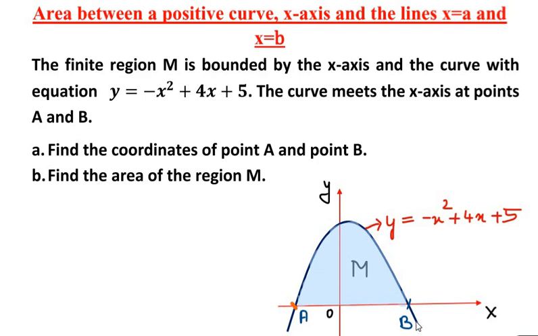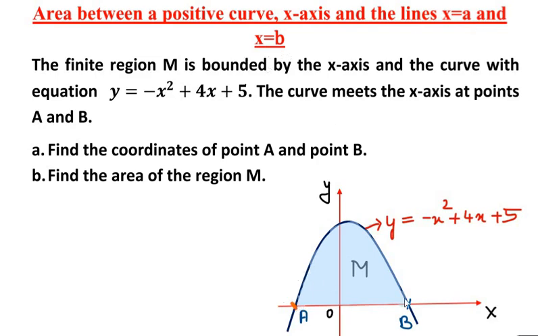If the curve is below the x-axis, then we call this a negative curve. But in this case we will be concentrating only on the positive curve. So we are going to learn how to integrate the area between the positive curve, the x-axis and the lines x equal to a and x equal to b.